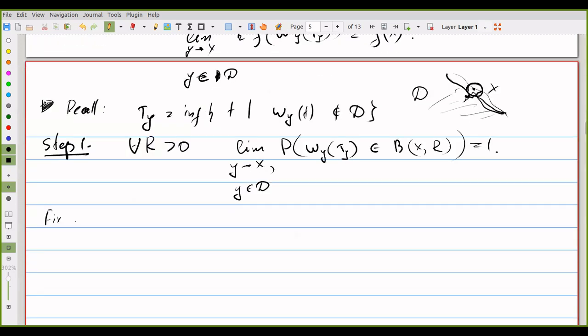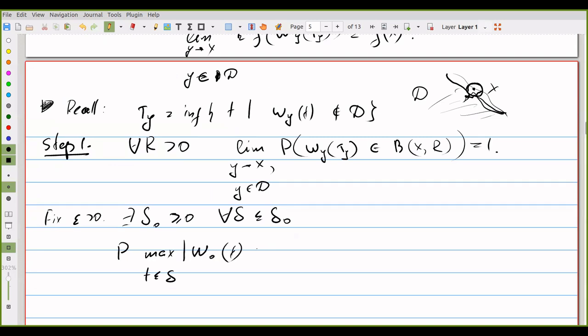To see that, let's fix some epsilon. Then there exists delta 0 greater than 0 such that for all deltas less than delta 0, the probability that the maximum of the norm of W started at 0 gets very high is small.